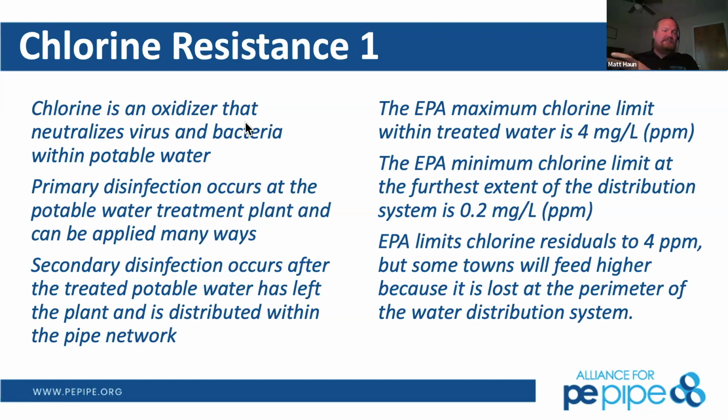When the water is pumped to a potable water treatment plant, they disinfect it and then send it out to the water distribution system. To guarantee that no new viruses or bacteria make their way into the water, a secondary disinfectant is included, so there's a residual within that water system that keeps it safe for consumption all the way out to the furthest end user.